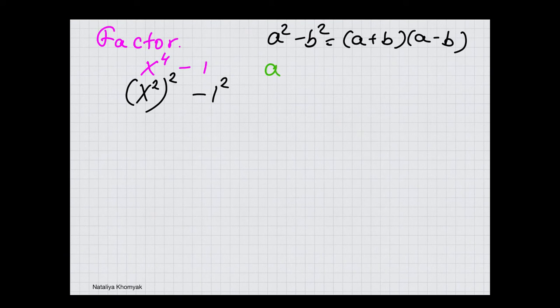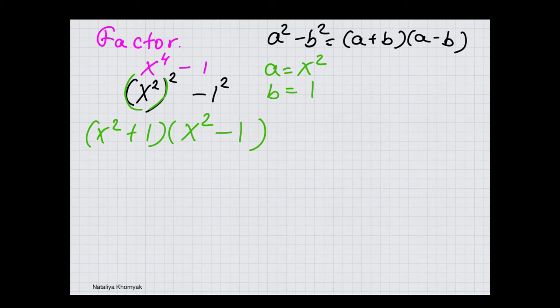In this case, a is everything that is under the second power, which is x to the second, and b is 1. So we get x squared plus 1 times x squared minus 1.